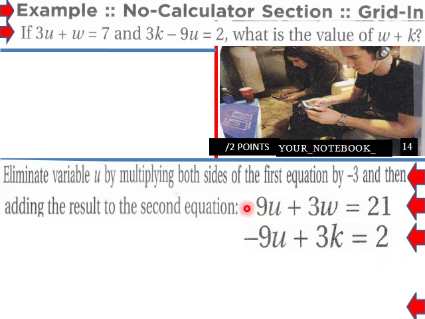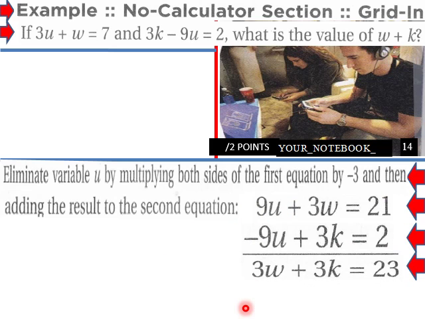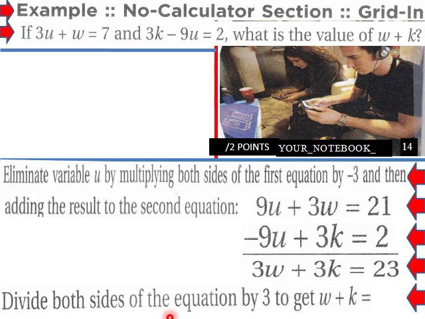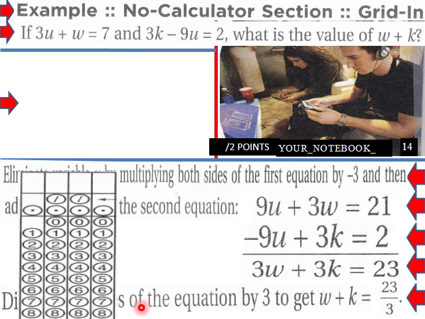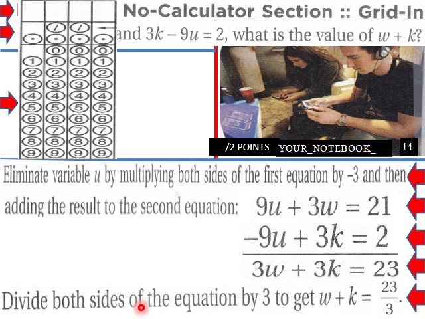So we're going to combine these two, and we get 3w plus 3k equals 23. Divide both sides of the equation by 3 to get w plus k equals 23 over 3. So you grid in 23 divided by 3.